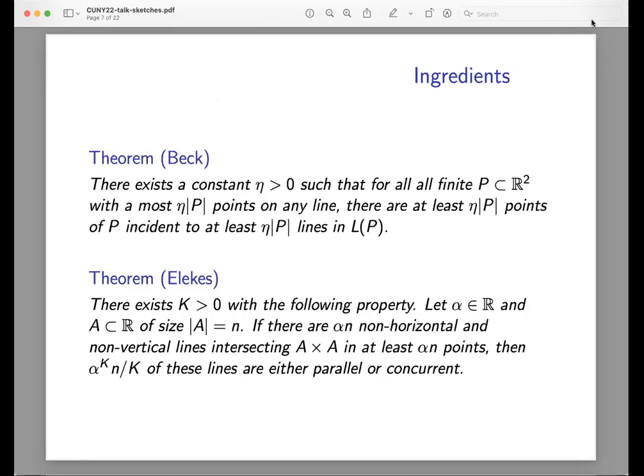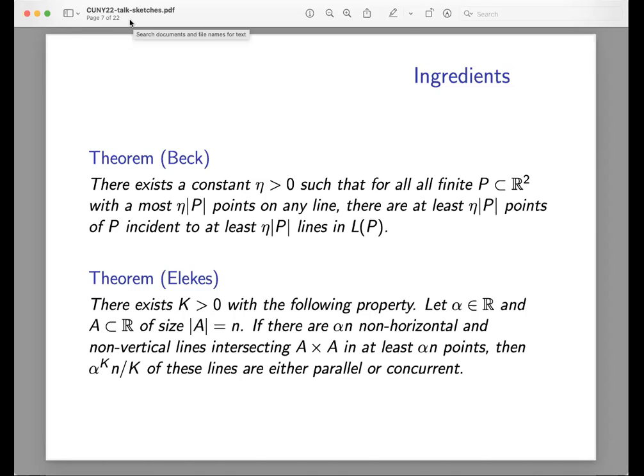Then at least half the points of the set are incident to at least... each point. I'm not clear on the quantifiers. What's the picture here? First of all, we don't get to choose eta. Eta is given. Some eta, yes. They give something much smaller than 1/2, but yes.